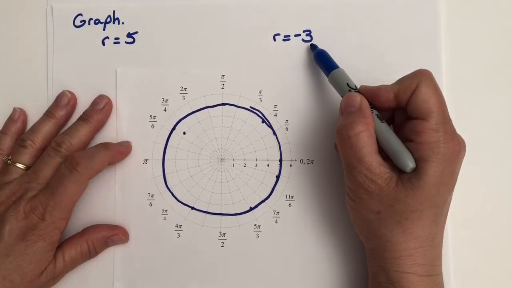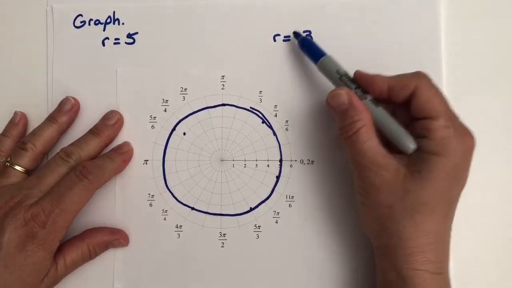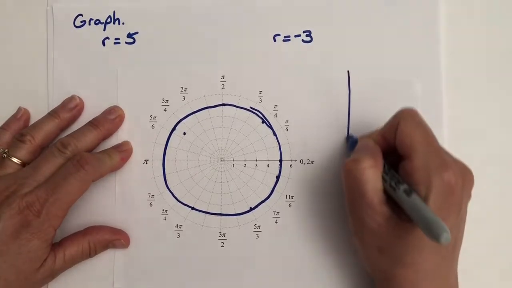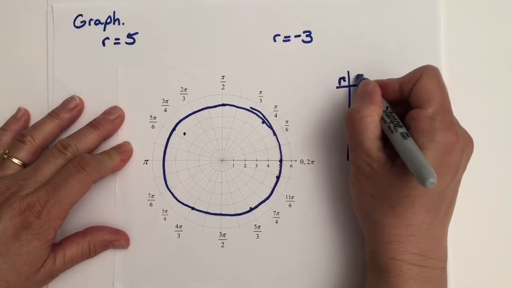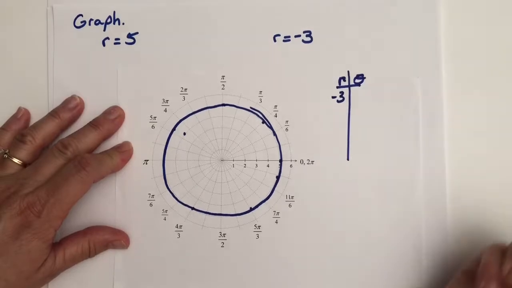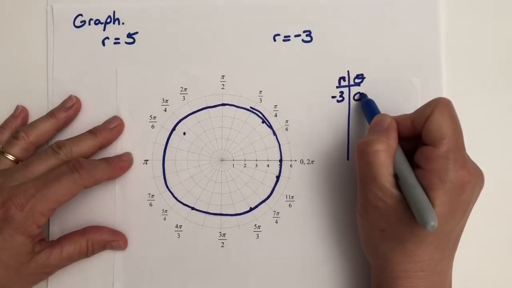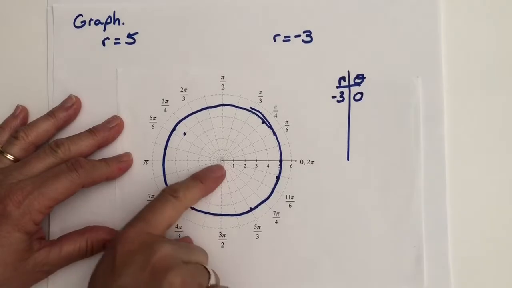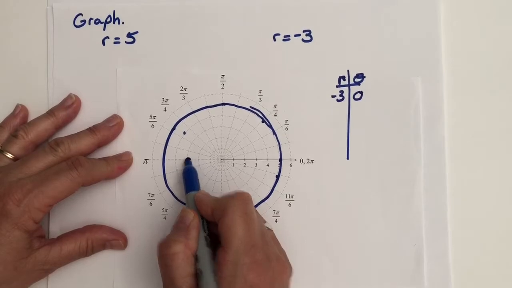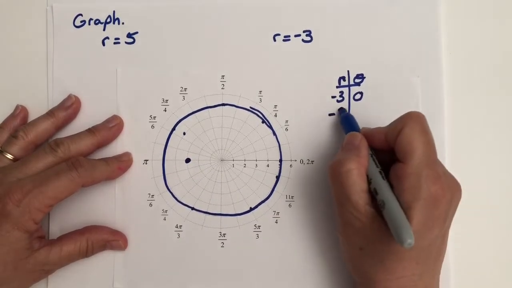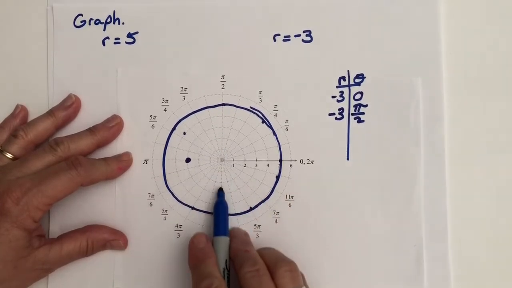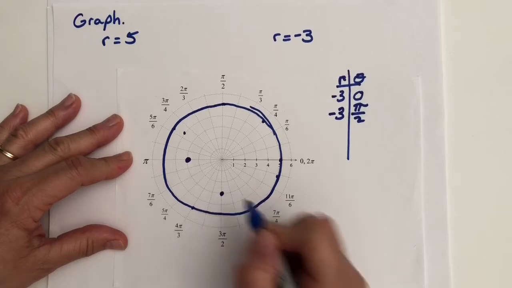When r is negative, we can consider the same thing. Now, if you have a negative value, consider what the ordered pair would look like with polar coordinates. Our r value is -3. So (-3, 0), for example. I'm looking at an angle of 0 radians, but I would back up 3. So I'm here. (-3, pi over 2). I would look at pi over 2 and I would back up 3, and I'm here.